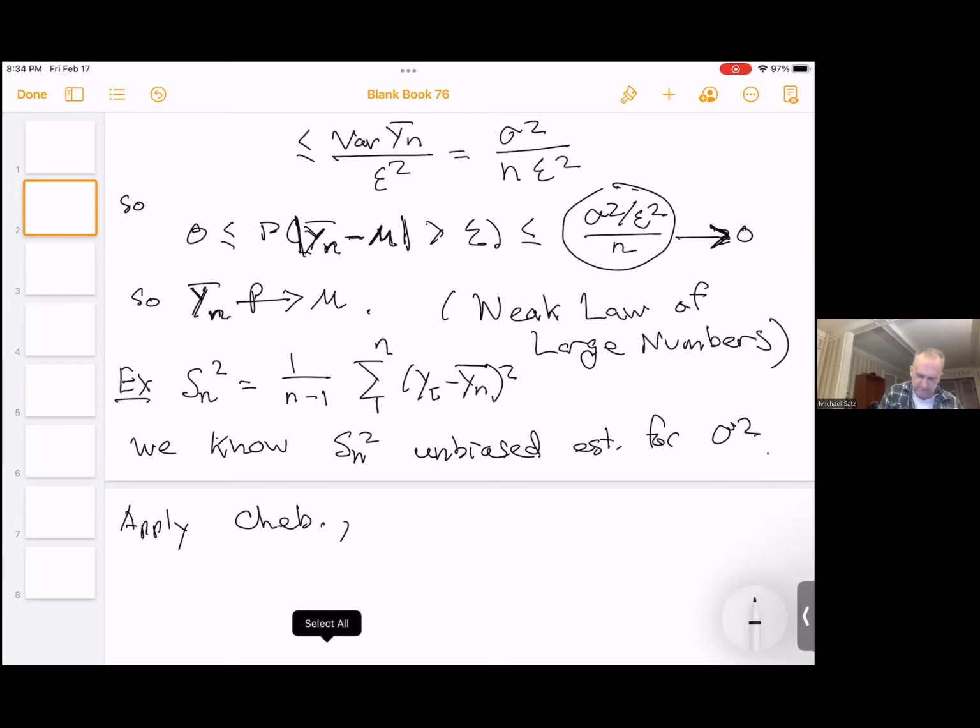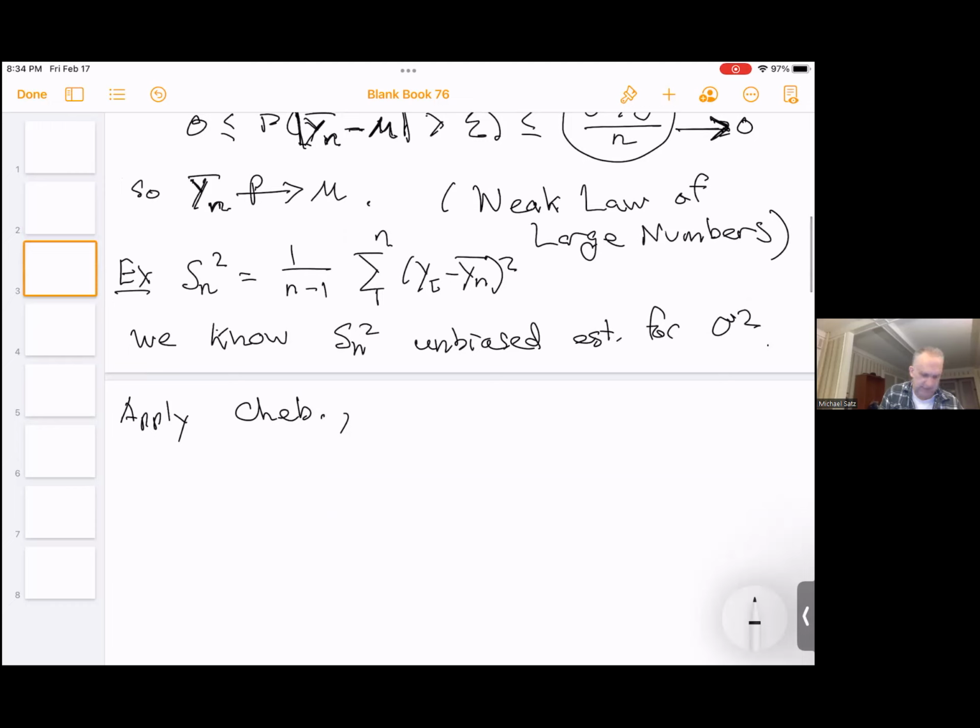apply Chebyshev, and we have the probability that Sn squared minus sigma squared is greater than epsilon must be less than the variance of Sn squared over epsilon squared.